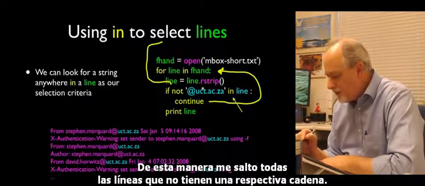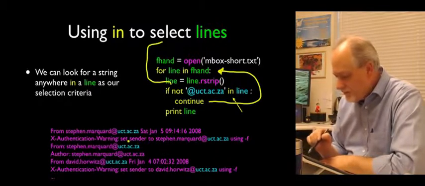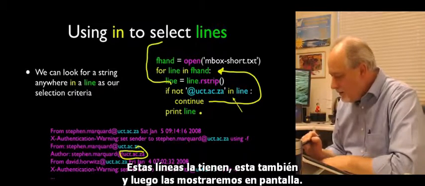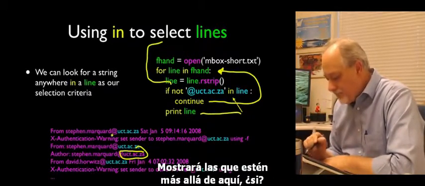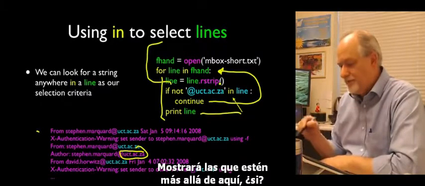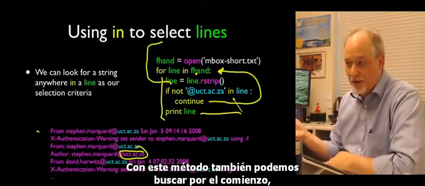So it's a way for me to skip all of the lines that don't have this string in it. So these lines do. Oops, that one has it too. And then we're going to print out the ones that make it past here. Okay. So in is another way to do searching, right? Like starts with, etc.